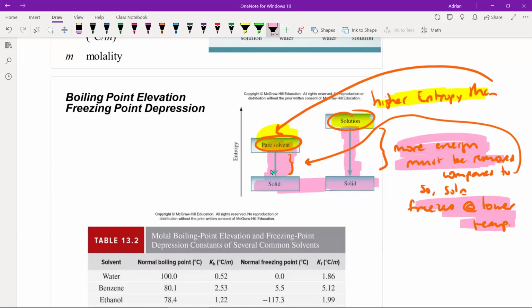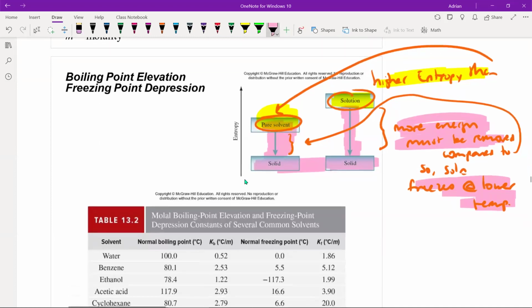Okay, and there are direct implications for freezing point depression. In the wintertime, for instance, the maintenance crews on the highways salt the roads. What that does is lower the freezing point.